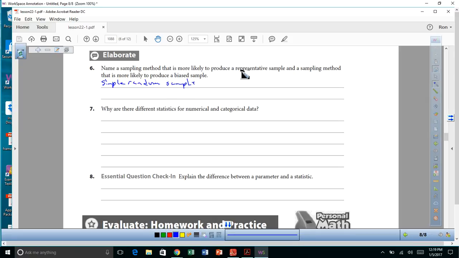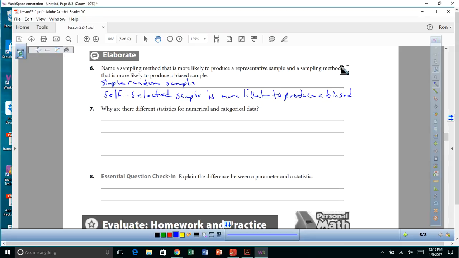And a self-selected sample is more likely to produce a biased sample. All right.